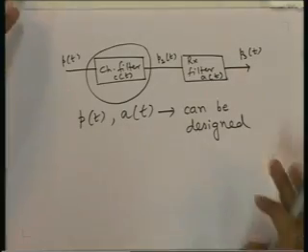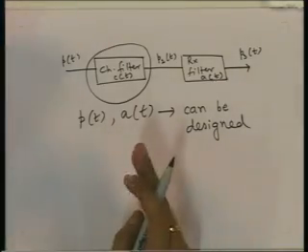Now, of course, we will always try to design p(t) and a(t) such that the pulse p3(t), which is the convolution of p(t) with c(t) and a(t), satisfies the Nyquist criterion. That will avoid ISI completely.